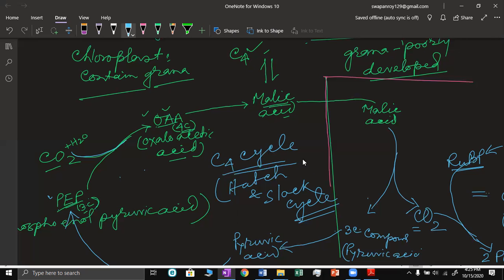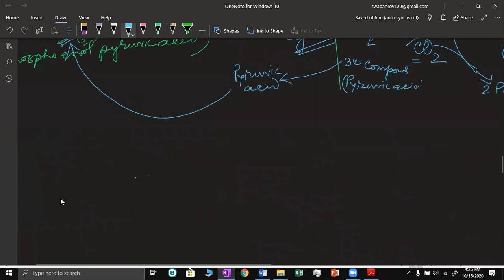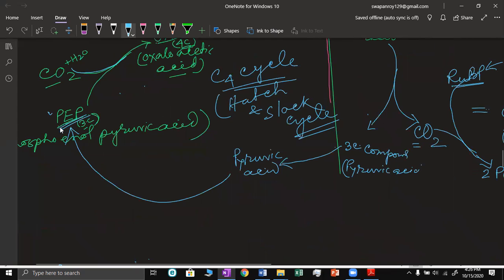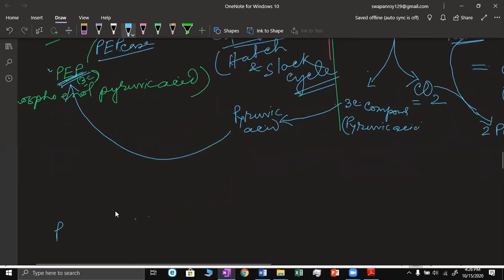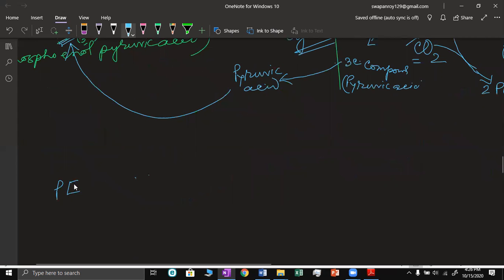This cycle has one advantage: PEP combines with the carbon dioxide, and the enzyme is PEPcase, means PEP carboxylase.